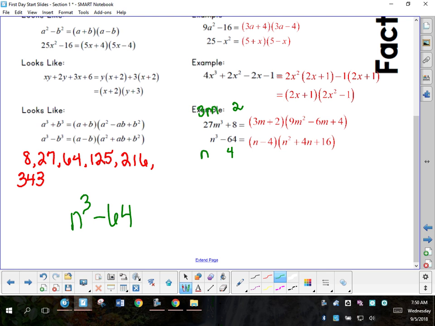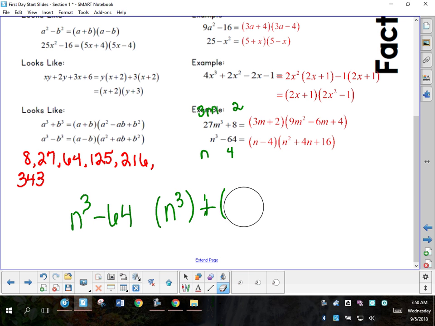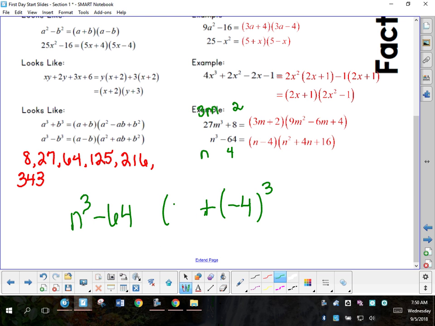What if you view this instead as n to the third plus negative 4 to the third? If you were to do that out, you'd get the same answer.